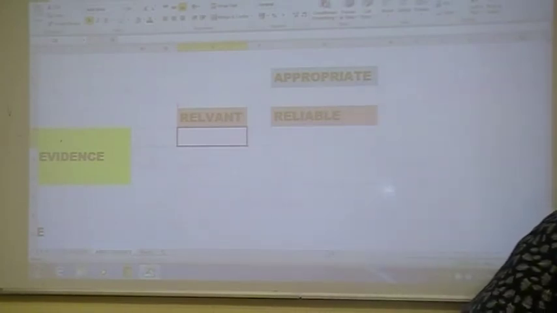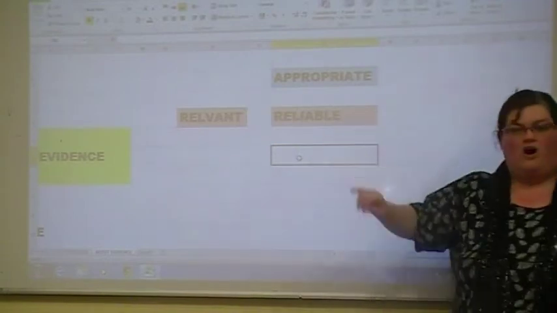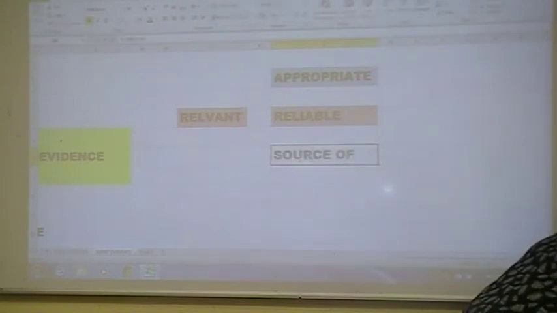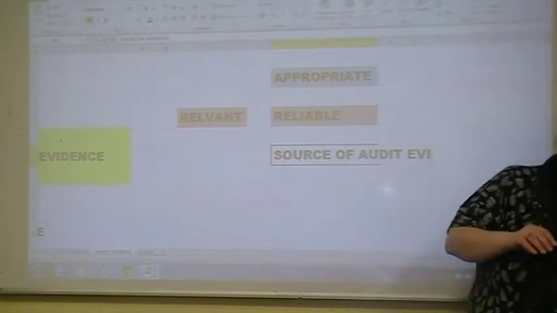Okay, so if we look at reliable first, we're looking at the source of the audit evidence. Okay, so our source of audit evidence. Under reliable, yeah. Have I gone over far enough for it? Yeah, that's fine.